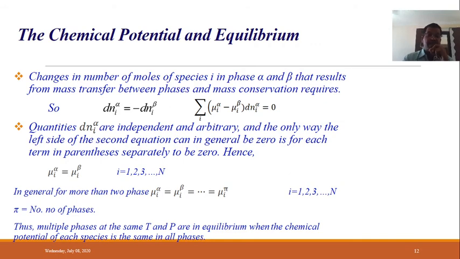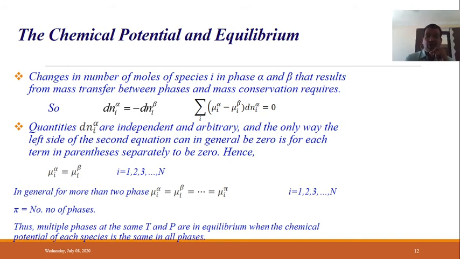We have to set mu i alpha minus mu i beta equal to 0, and from that you will have the simple correlation at the end, that is mu i alpha is equal to mu i beta. That means the chemical potential of the ith species in the alpha phase and the chemical potential of the ith species in the beta phase are the same, for i equal to 1 to n, the number of species present in the system.